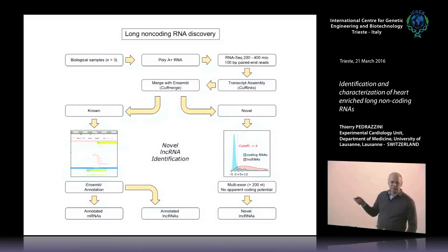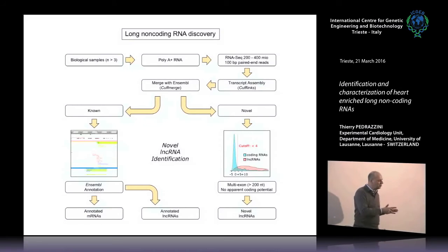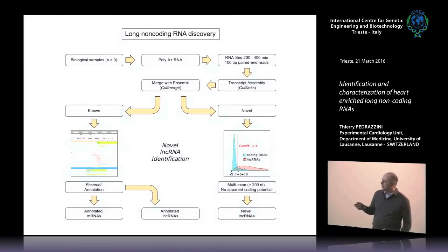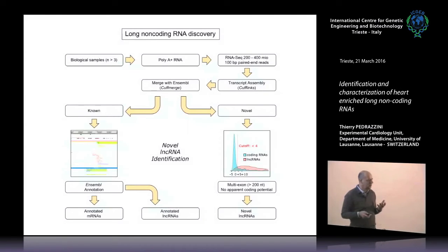If it's a novel transcript, then we check the coding potential. And if there's no apparent coding potential, then we consider transcripts that are greater than 200 nucleotides. Then we call them novel long non-coding RNA. Okay.